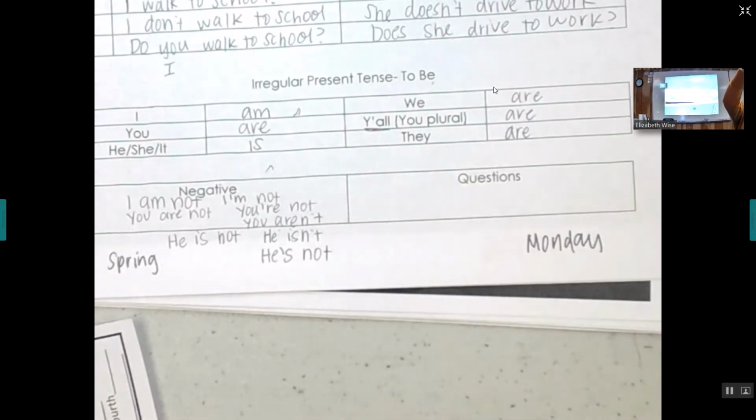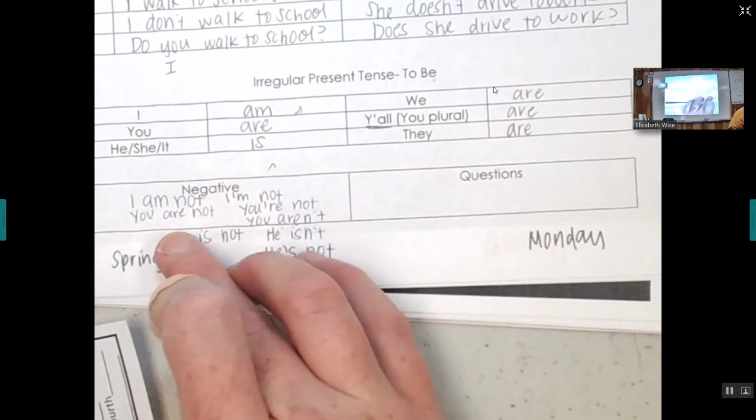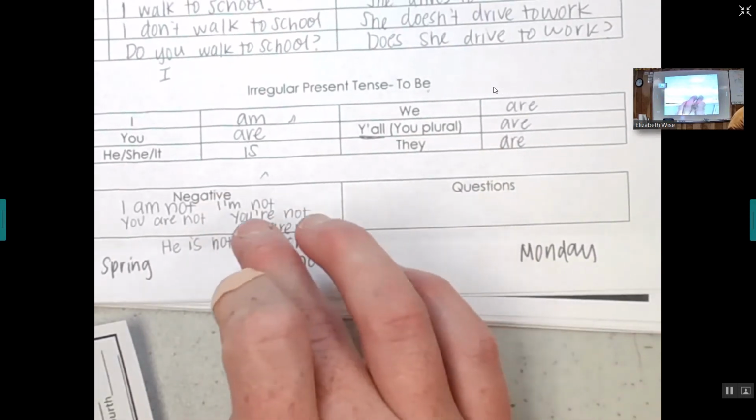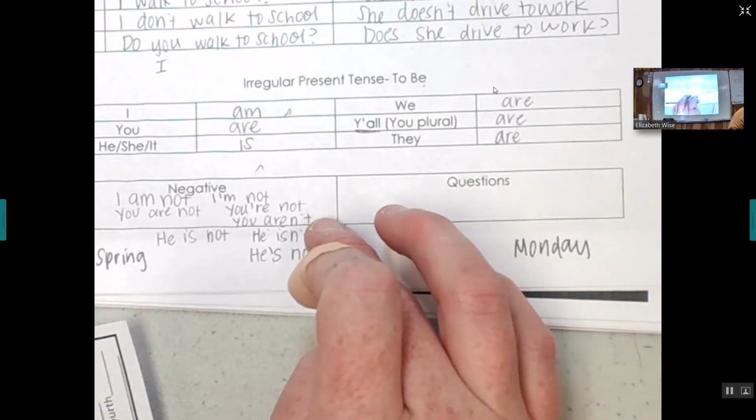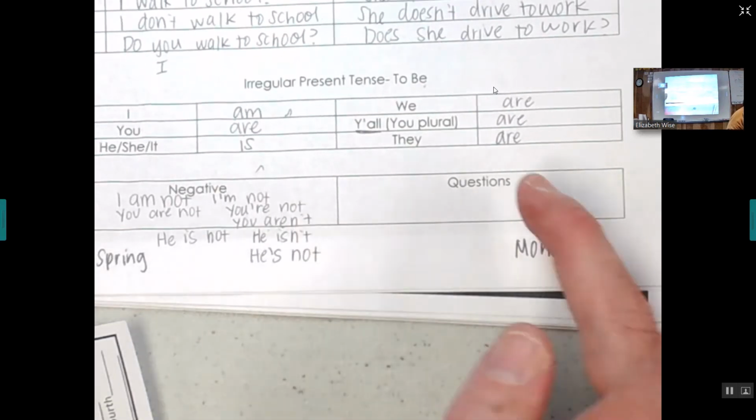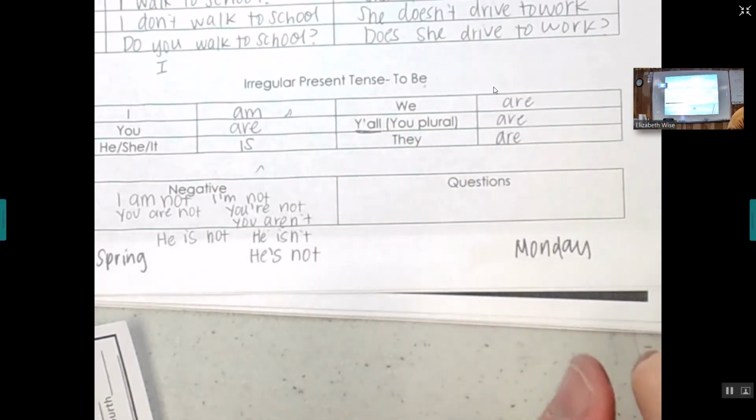So he is, he's not. Or he is not, isn't. Okay, those are the contractions. So the same, we are not. We aren't, we are not. Okay, so that's the same with all of these. It would be the same.